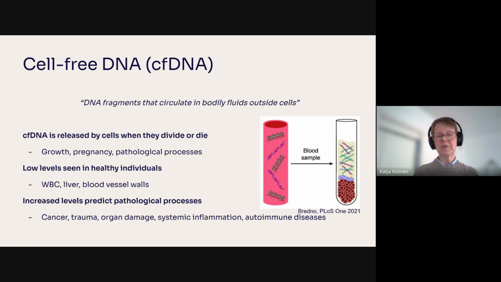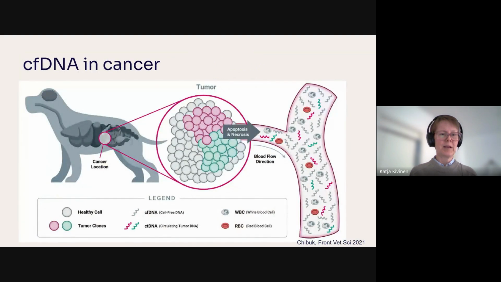But in healthy individuals, in adults, there is very little cell-free DNA in plasma, for example. And most of that comes from white blood cells, from the blood vessel walls, and from liver. And like I said, there are a lot of pathological conditions where more cell-free DNA is released in the circulation.